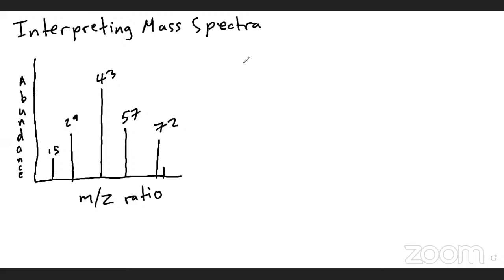Right, so for the first thing, this mass spectrum, there are three important fragments on it that you must be able to identify. So the heaviest peak, if you notice, you have the numbers on it, 15, 29, 43, 57, and 72.